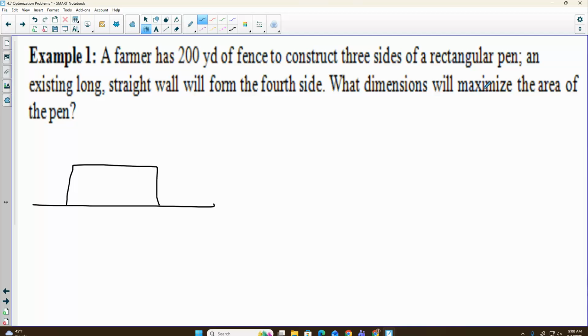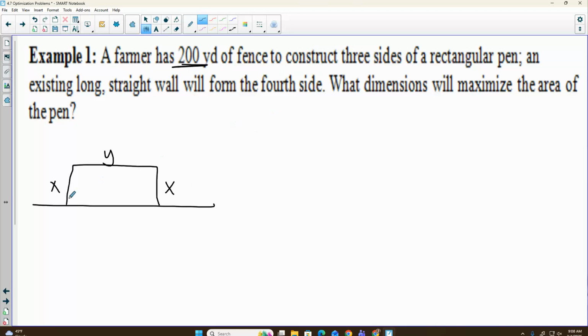All right, at this point, we need to come up with some variables. I don't want to just call these sides x and y because that gives me 2 variables, but we could use that to start with. I'm putting fence on these 3 sides. But what do I know? That's like our perimeter, right?